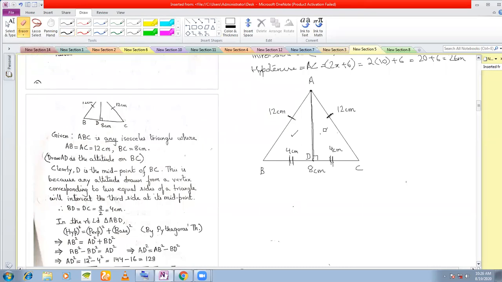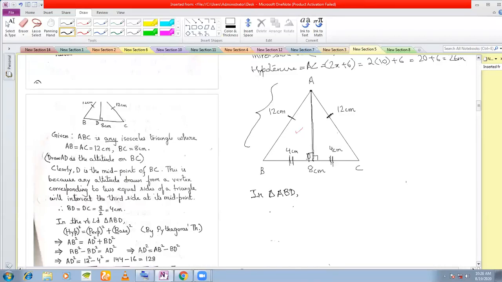Let us consider this right angle triangle. So in triangle ABD, this is your 90 degrees. So obviously this is your hypotenuse.